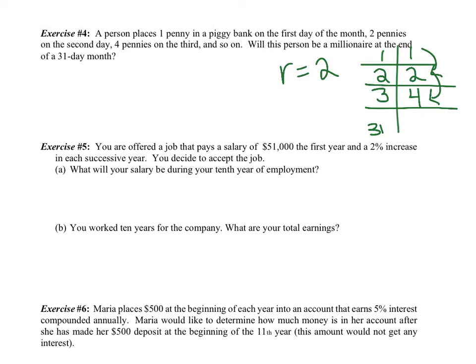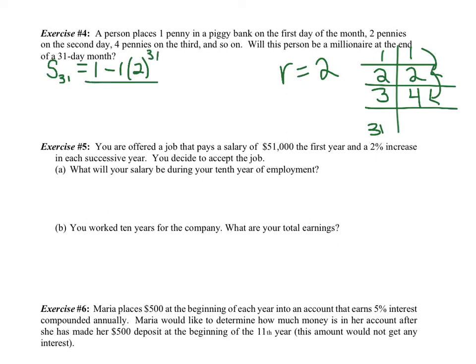So I'm going to use the same formula from your first page, and I am finding when my n is 31, after 31 days. So my initial term is 1, and I'm going to subtract my initial term times my common ratio, which we just figured out is 2, to the n, which is 31.